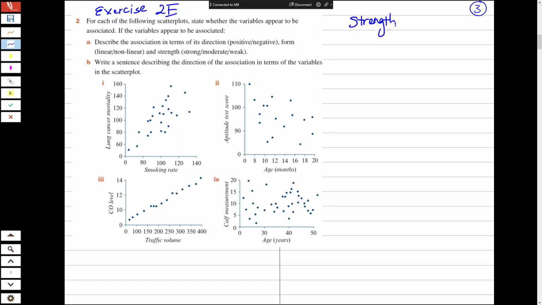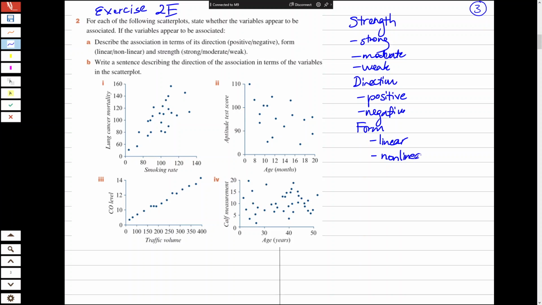Strength, just strong, moderate, or weak. Direction, which is either positive or negative. And form, which is either linear or nonlinear. Those are the words you need to know. And let's now see if we can apply these to the 4 scatter plots.